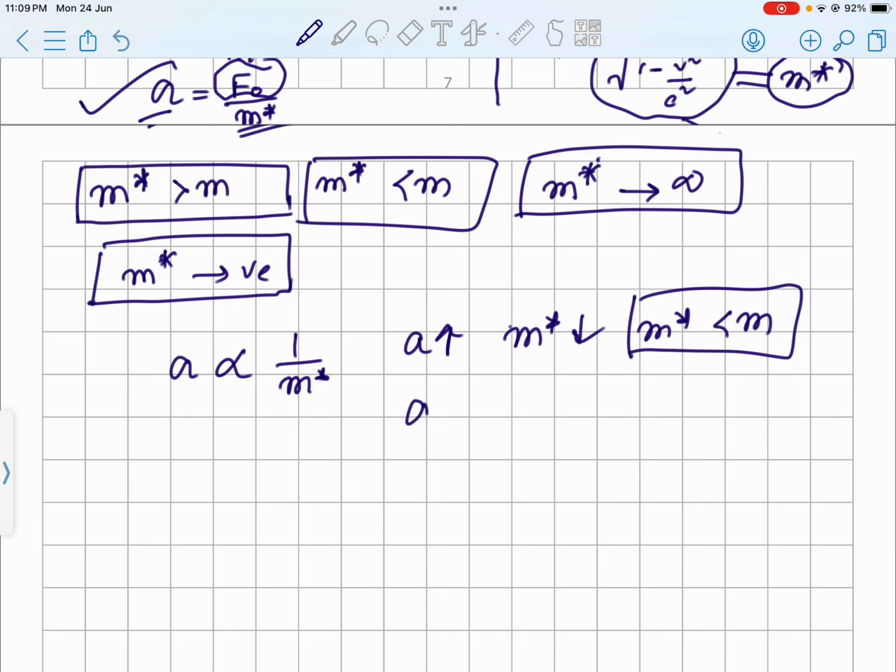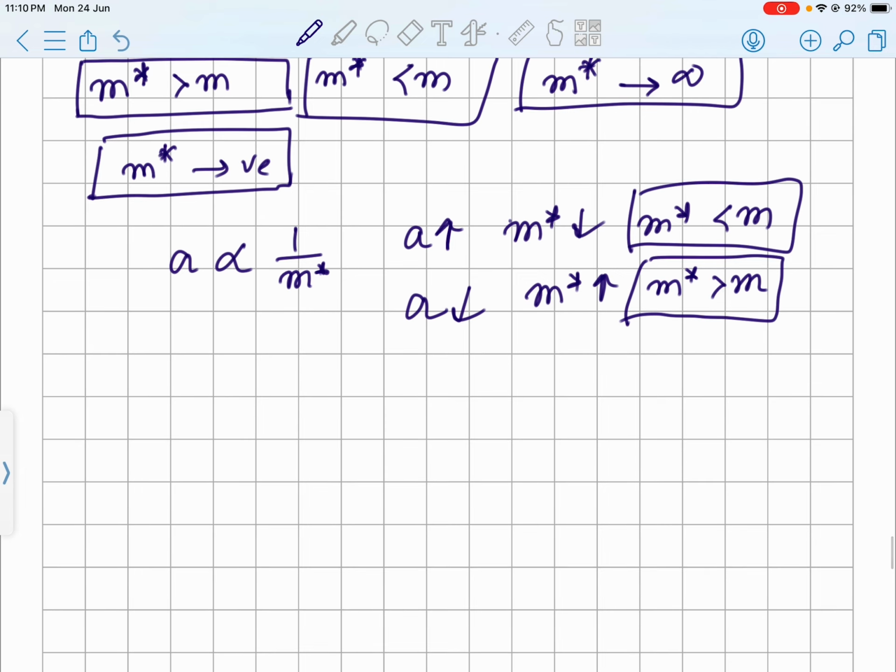Similarly, if we decrease the force on the electron due to the ions, then acceleration will decrease and m star will be greater than m. That is, here force is less, that is loosely bound.